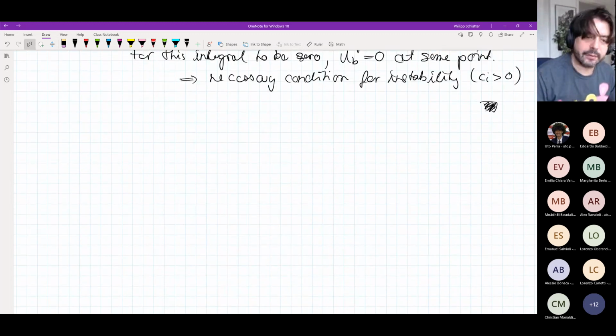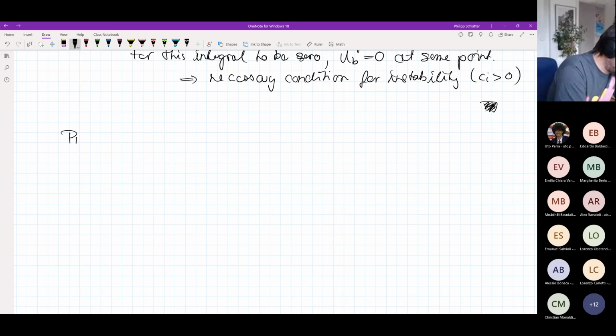Yeah, what does this mean now? Well, let's have a look at a few potential profiles which we could discuss. Let's look at 4 different cases. Profiles. So, let's look at the jet flow first.